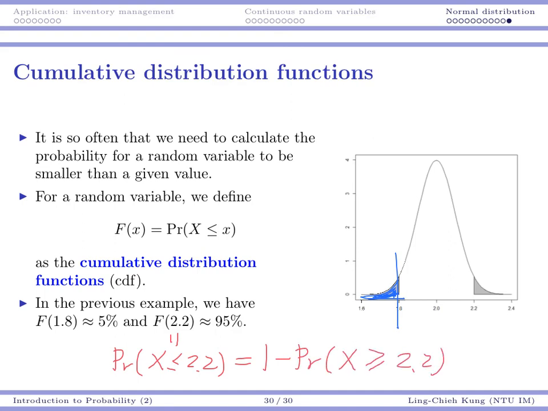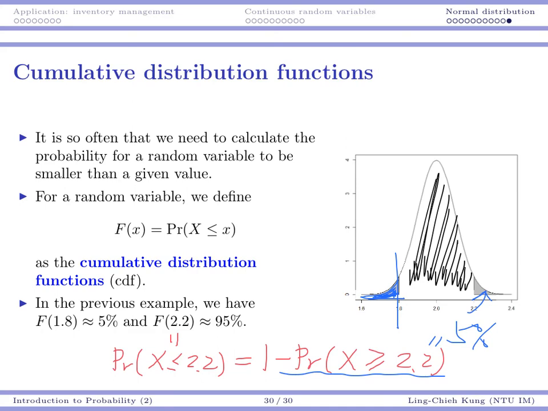And we know what this is. This is 5%, right? This is this particular area. So that's why the probability for x to be less than 2.2, it's the area here. Everything up to 2.2 will be 95%.